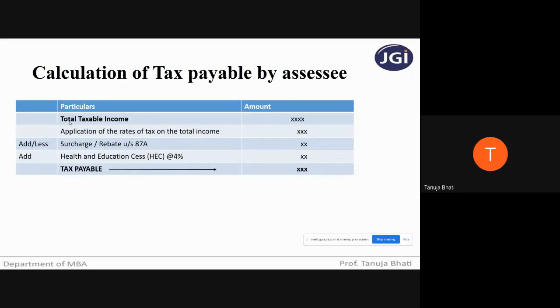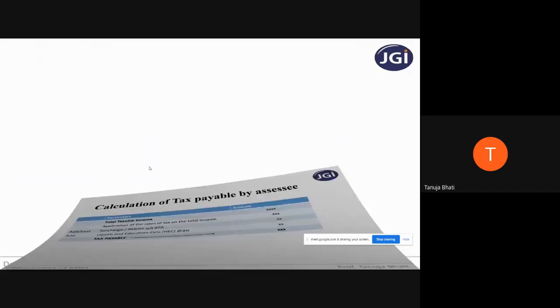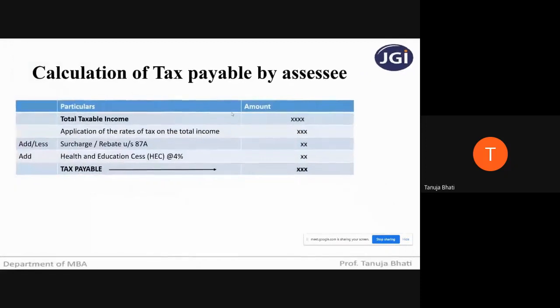Then you will apply the clubbing provisions. You will apply set off and carry forward of losses. You will get gross total income. From that gross total income, you will do deductions under section 80C to 80U. Then you will get this total taxable income. And from this total taxable income, you need to see the income and apply based on that the tax rates.